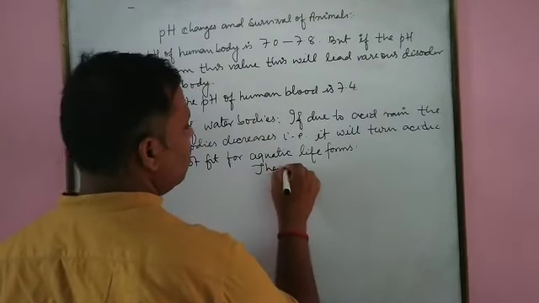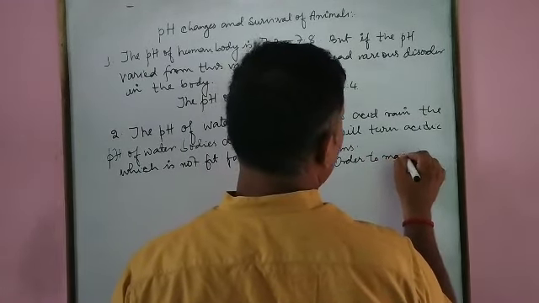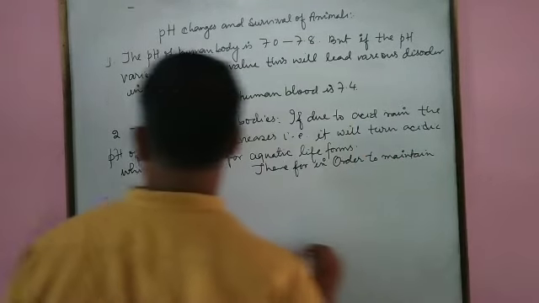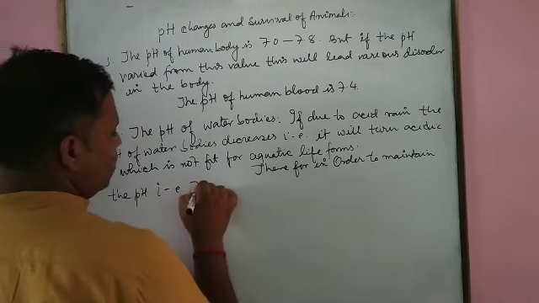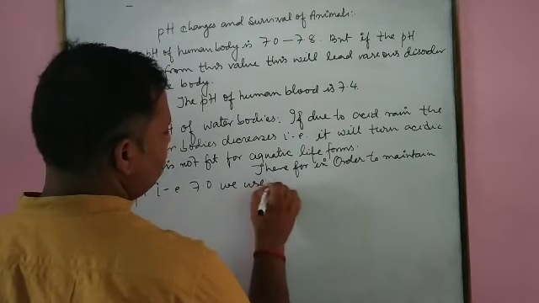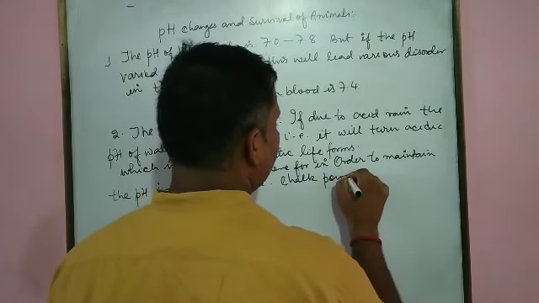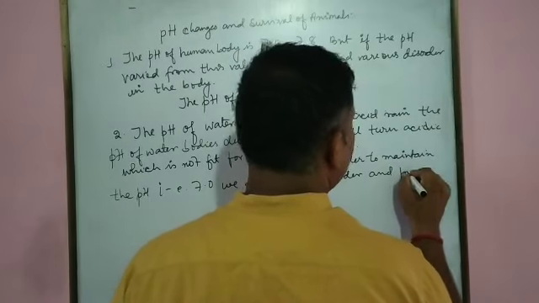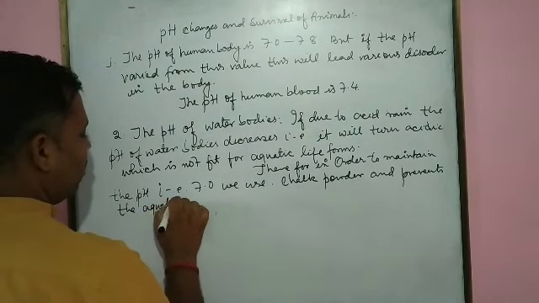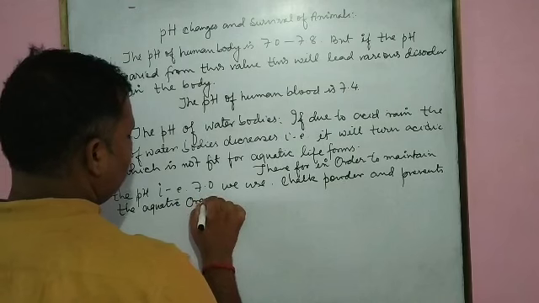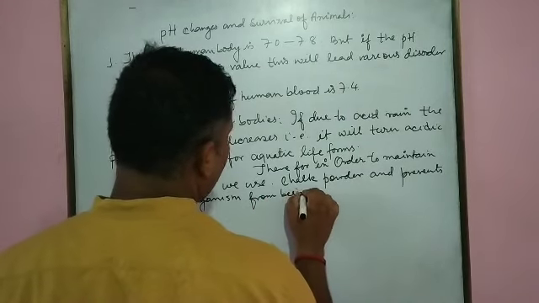Therefore, in order to maintain the pH, that is 7, we use chalk powder and prevent the aquatic organisms from being killed.